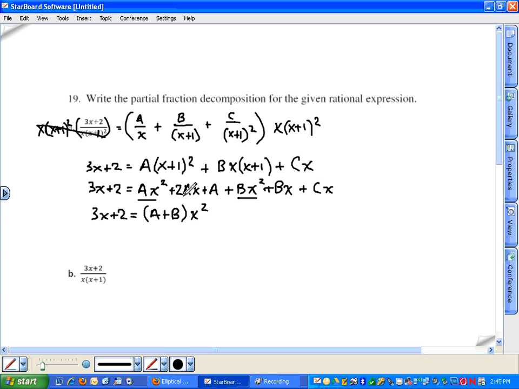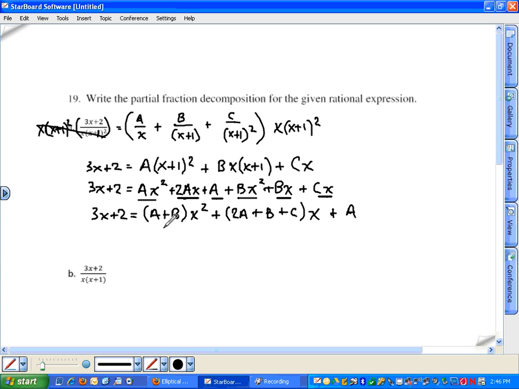Here we have a linear term, 2ax, and then bx and cx. So if we group those together and factor out the x, we're going to have 2a plus b plus c, times x, and we have this single constant here, plus a. Now we need to equate coefficients.